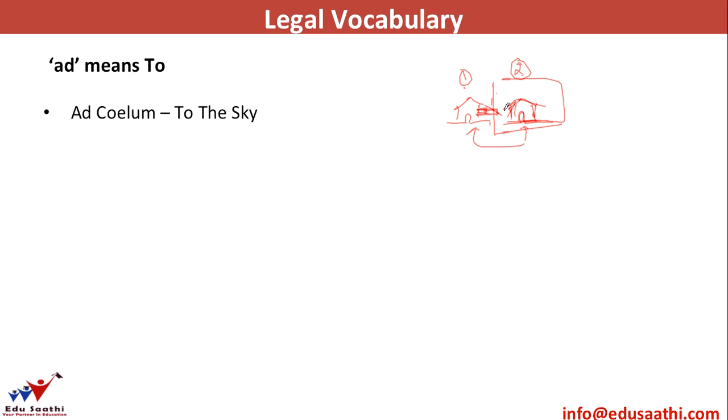Why? Because he's obstructing the air of house number 2. And the basis of the case would be that he is trespassing ad coelum, that he is basically entering into the air that I own over my house. So ad coelum is basically the term that means that the air above the ground belongs to the owner of the ground.